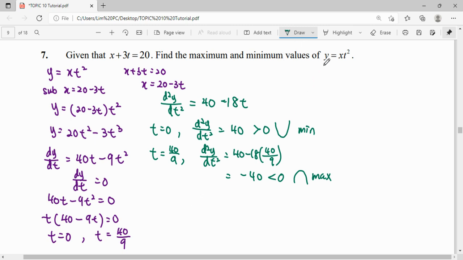So to find out the value, you can see our y equation. When t is minimum, our y also will become minimum. So we substitute our t minimum equals 0.